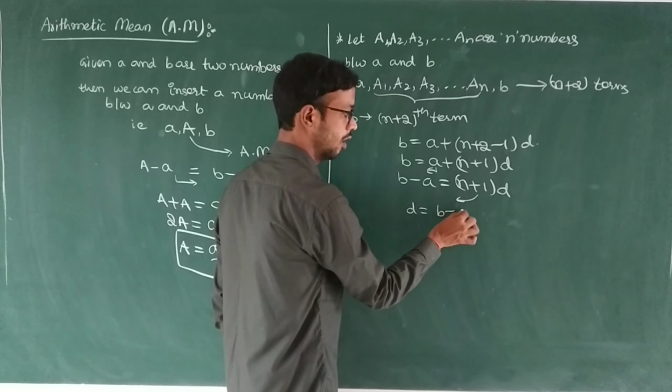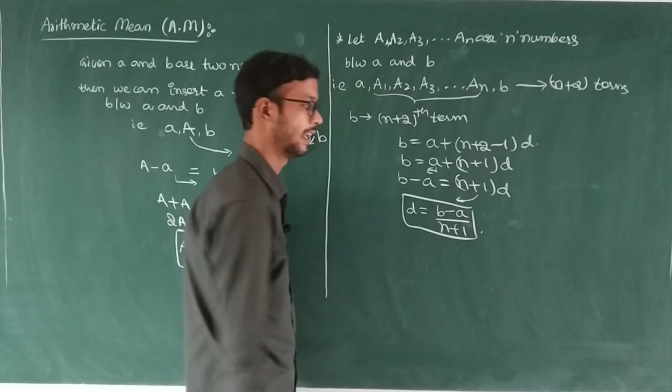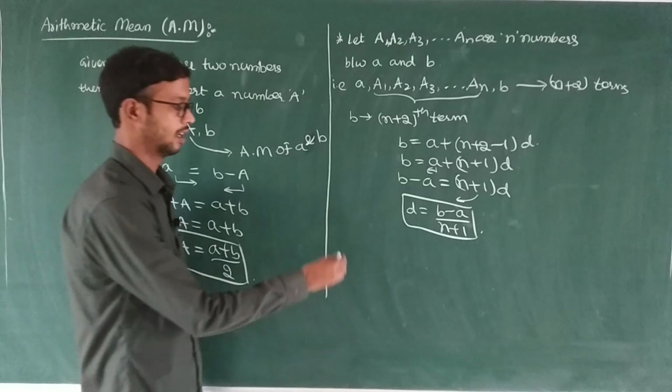D is equal to (B minus A) by (n plus 1).